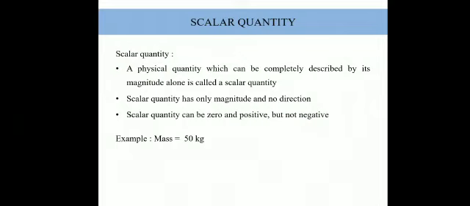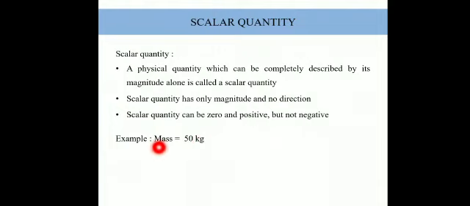Then there are some examples of scalar quantities. The first example is mass. Mass is a scalar quantity because it is always positive. A scalar quantity is always expressed with a value, magnitude, and its unit. There is no necessary direction.